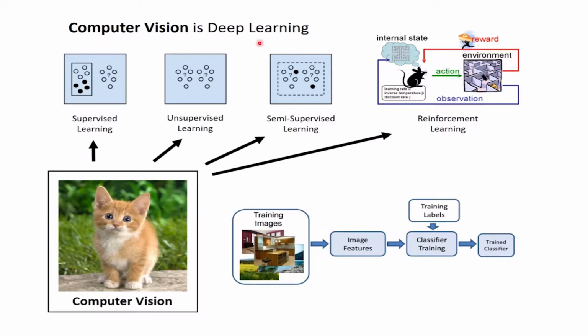Why is deep learning being given more weightage these days? The reason is simple. Let's say that you have an image of this cat, and this can be recognized as a cat, and you may want to have different processes which may lead you to different inferences of this image. Let's say now you want to solve this problem using supervised learning.